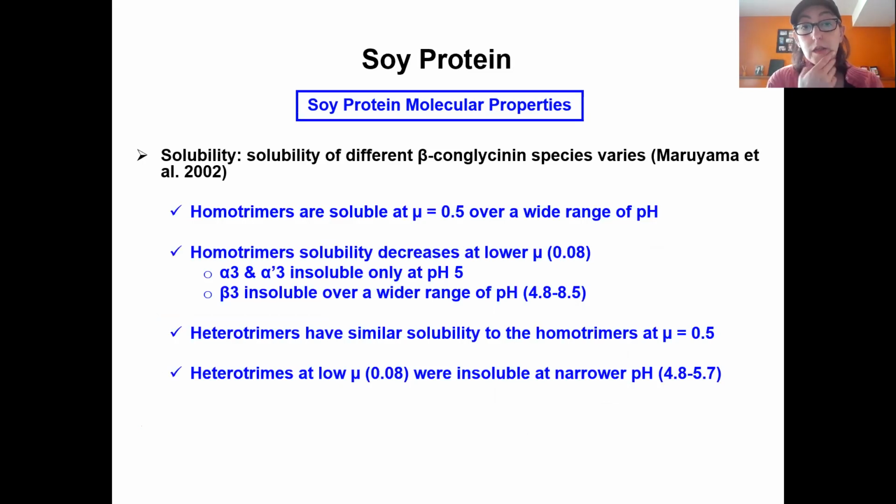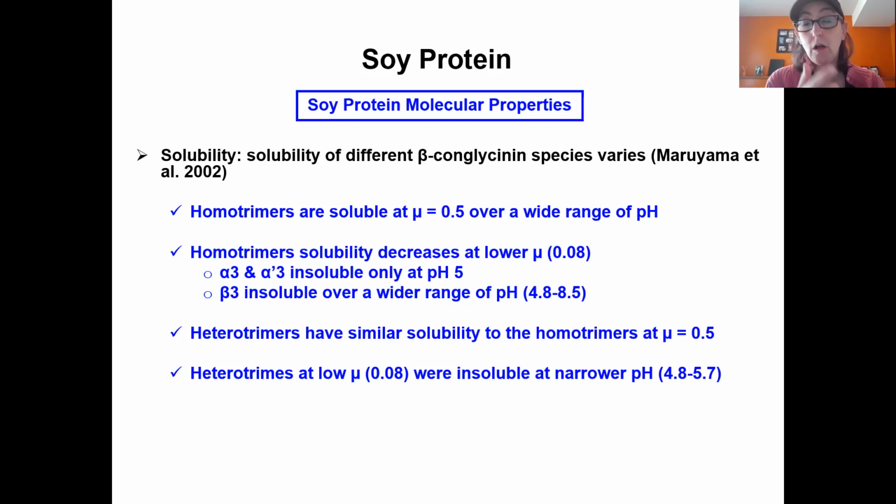Okay, so this is another article that looked at solubility of beta-conglycinin in this case, and differences among the species and whether or not they're homotrimers or heterotrimers. To remember, a trimer means 3 monomers linked together by hydrophobic interactions. If you remember, we have alpha, alpha prime, and beta conglycinins.